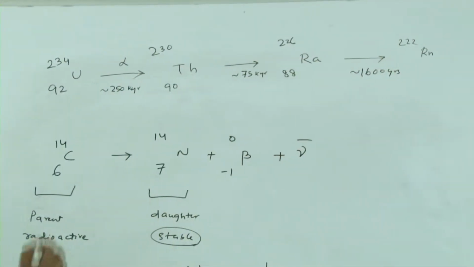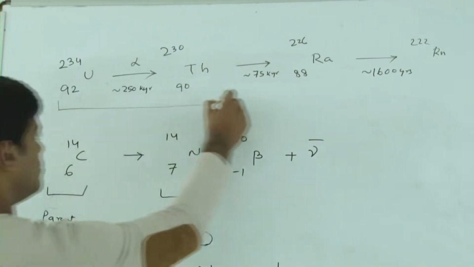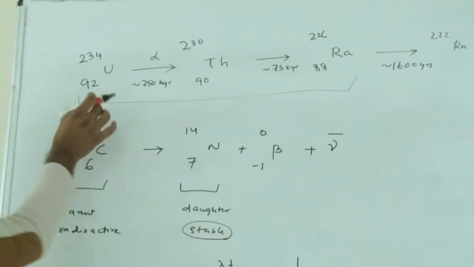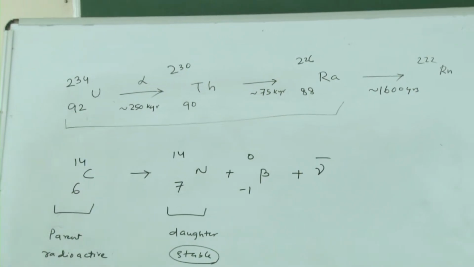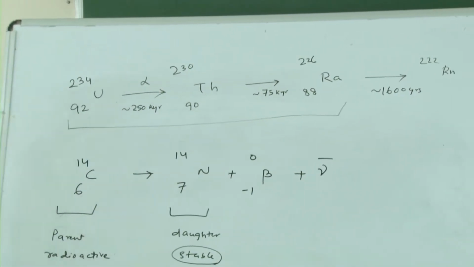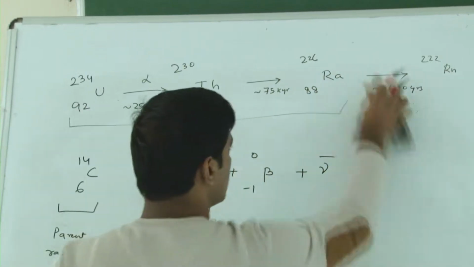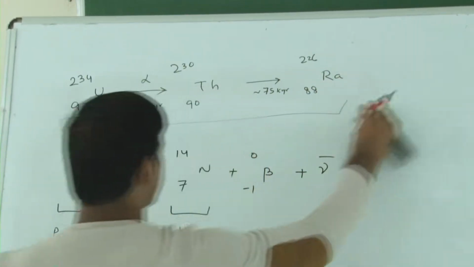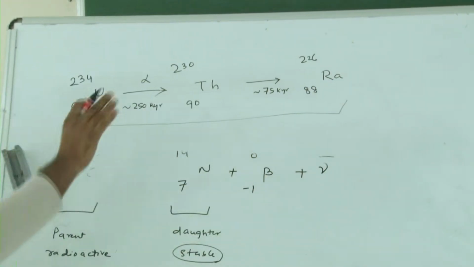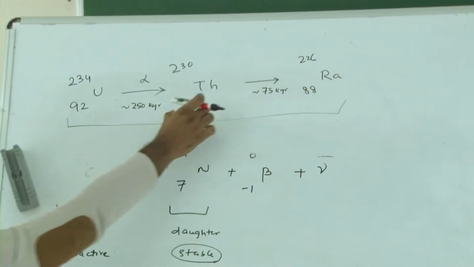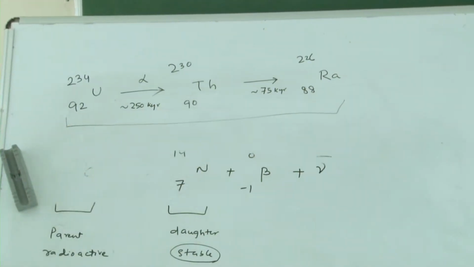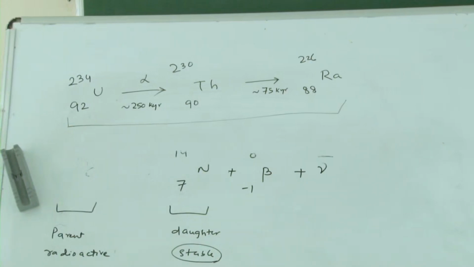But what we will focus on is this part. Well, uranium 234 itself is radioactive, but we will not worry about that at the moment. What we will target today is only this much. So, what happens if a daughter itself is radioactive, then how does this equation look?